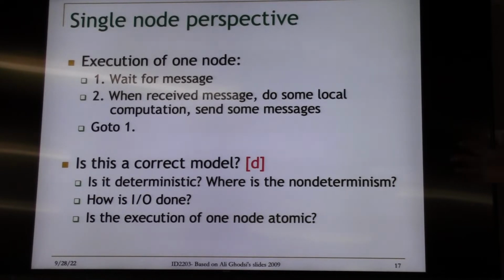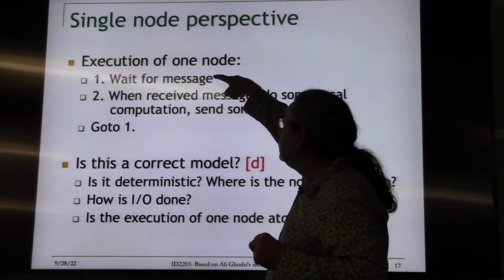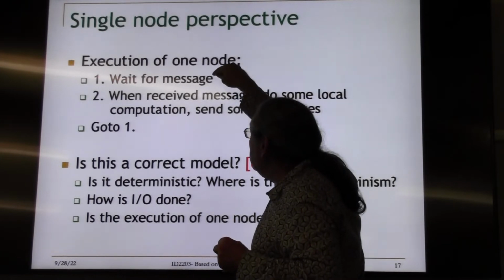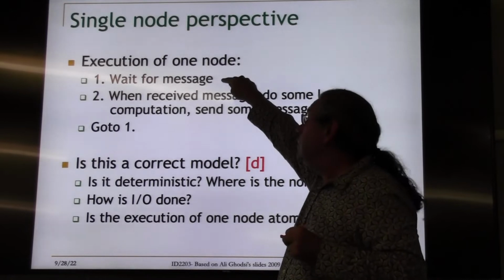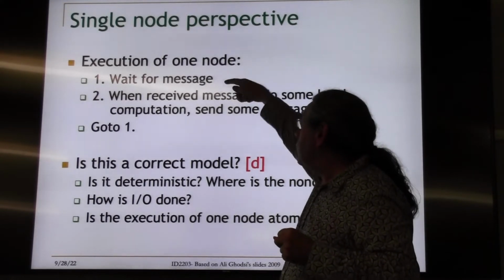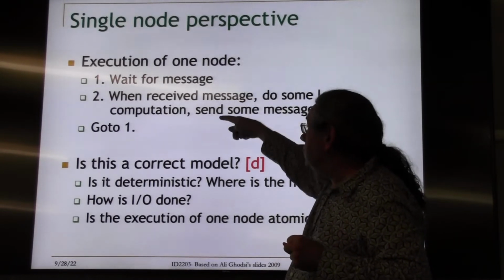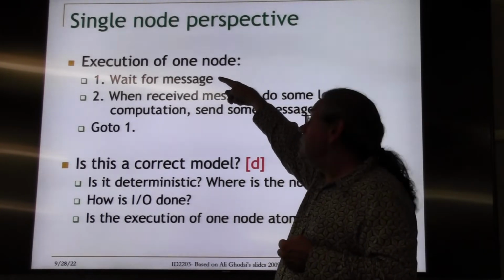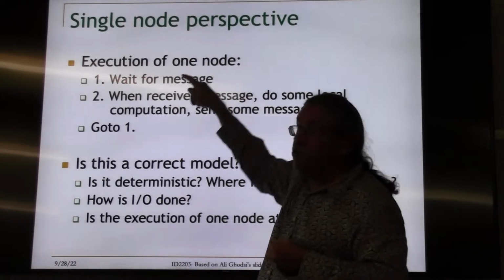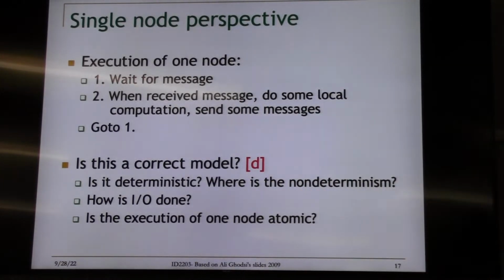Even though it takes time, you never see those intermediate states. So it's atomic. So here we have a similar thing, because the messages are only read when the system is in a consistent state. It's never in between. So we allow the local computation to finish completely, and then we wait for the next message. So we're always getting the message when the system is in a consistent state, according to the transition function.